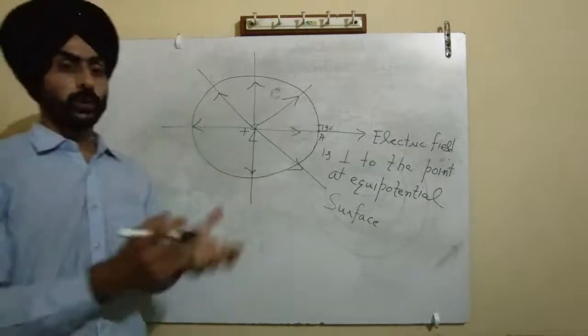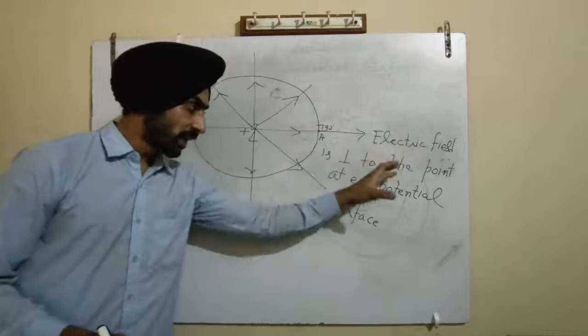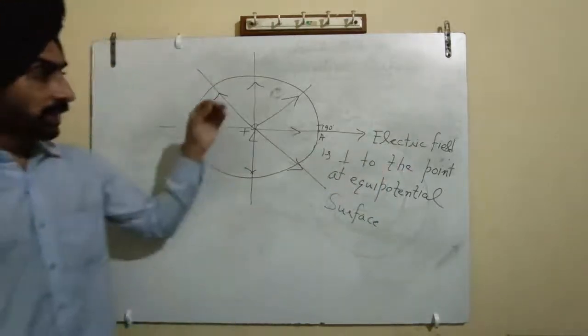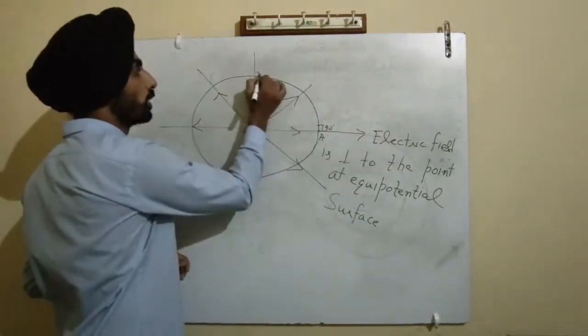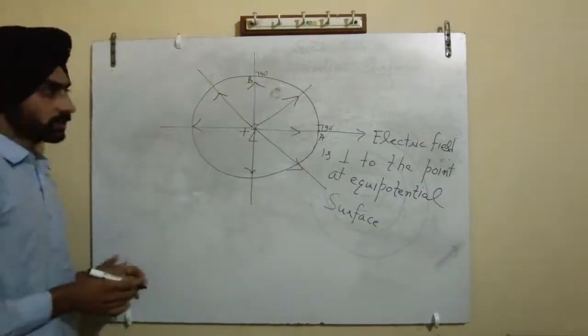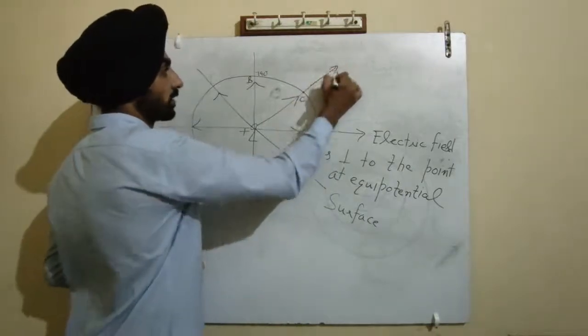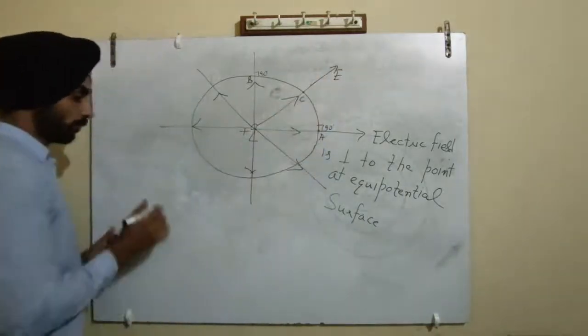They are going to ask what is the direction of electric field at a point lying on the equipotential surface. Electric field is always normal to a point that is lying on the equipotential surface. Like this. So they will say prove it.